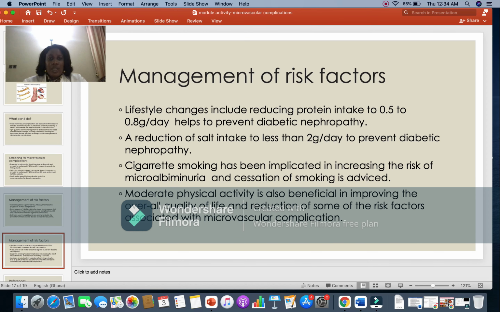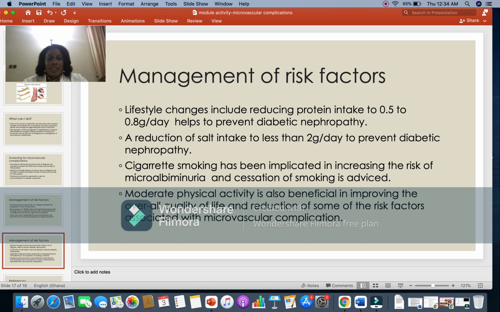Lifestyle changes, including reducing protein intake to 0.5 to 0.8 grams per day, help to prevent diabetic nephropathy. A reduction of salt intake to less than 2 grams per day is also shown to prevent diabetic nephropathy.